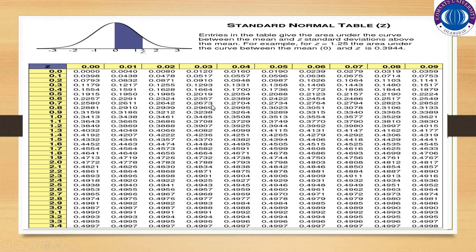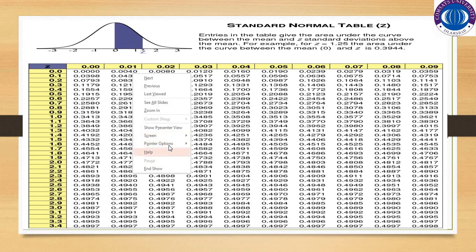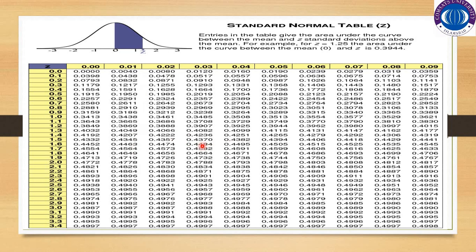In the previous lecture, we studied how to calculate this particular probability or area when we know the specific value of z, and this table gives us the area between the mean and some specific value z. We discussed all of this in the previous lecture.